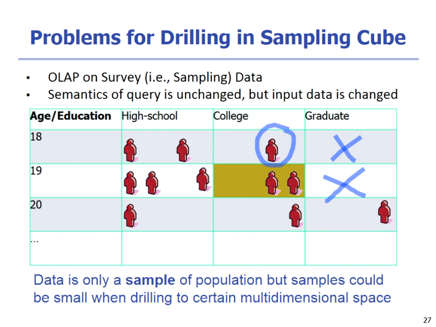Why? Because we performed drill down with OLAP. So not exactly no data, but no data in subspaces in the cube. So this is the problem of performing OLAP on survey data. Is it clear? Any questions?